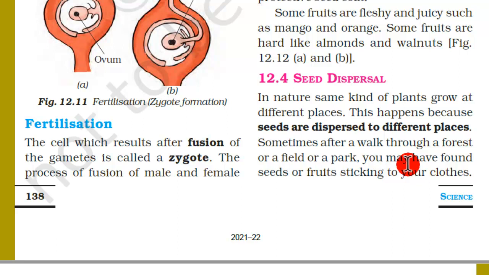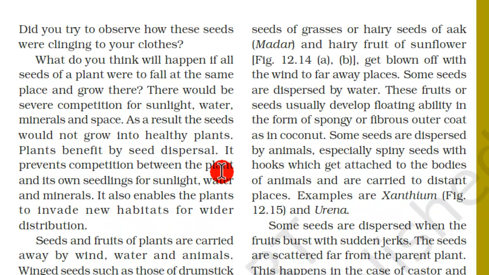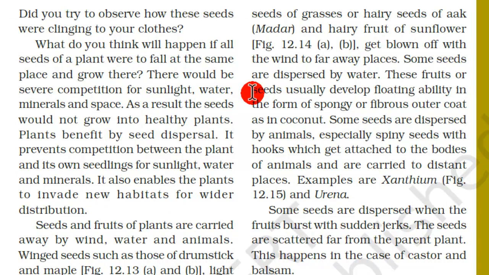Say, for example, some seeds or fruits stick to our clothes and will transfer that seed to other places and will grow a new plant farther away from the parent plant.